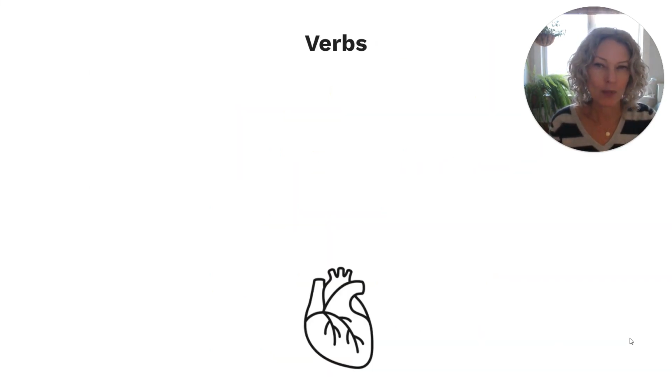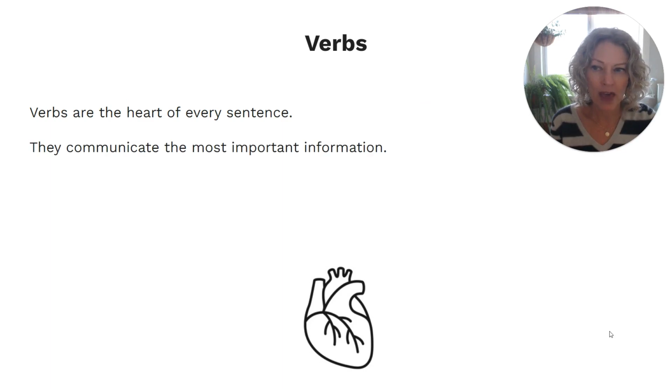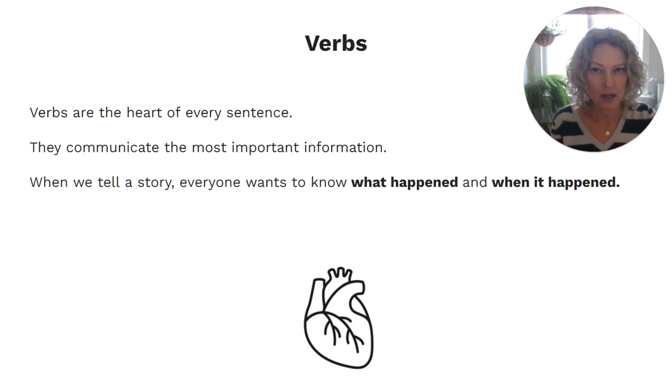And I want to draw special attention to verbs. The reason why I want to draw your attention to them is because verbs are really the heart of every sentence. And what I mean by that is that they communicate the most important information in the sentence. Think about it. When we tell a story, everyone wants to know what happened and when it happened.